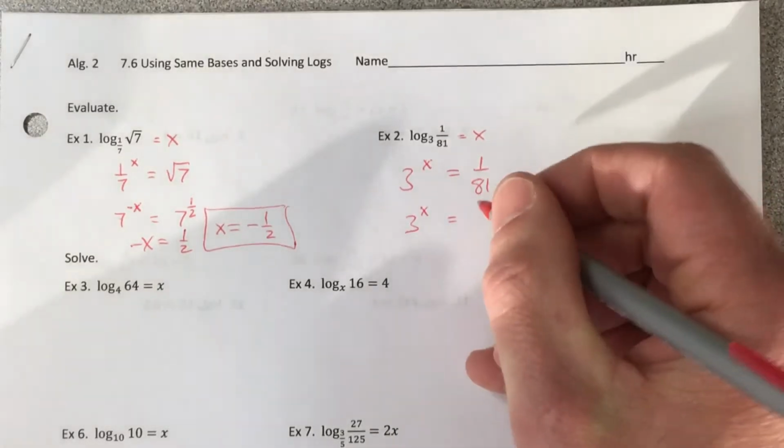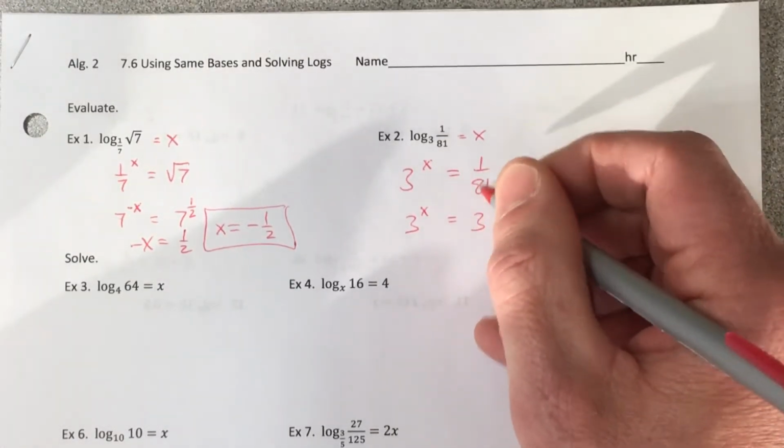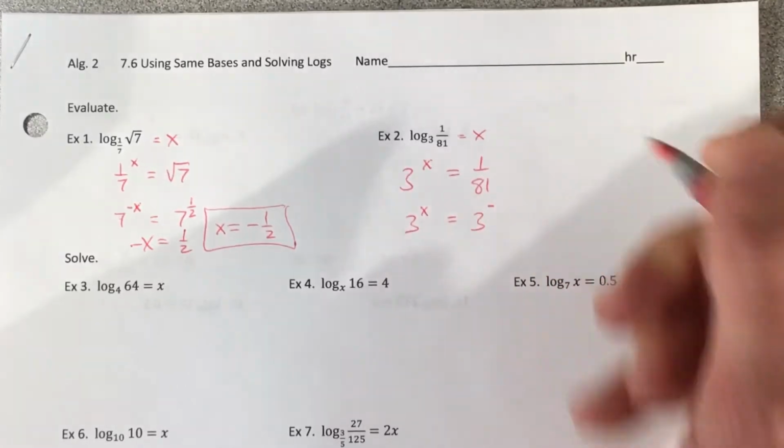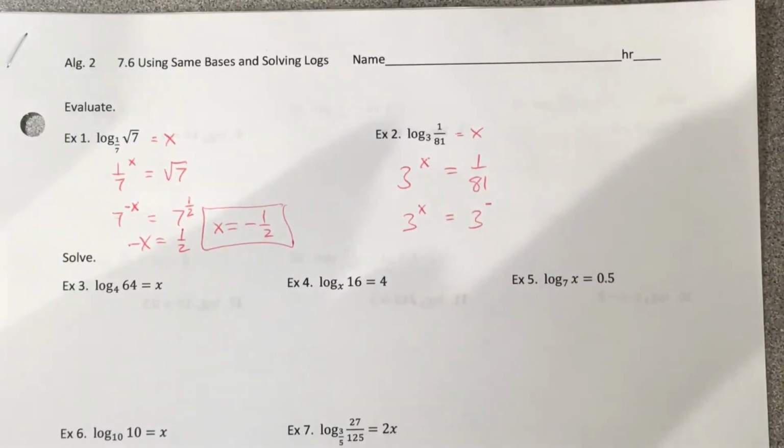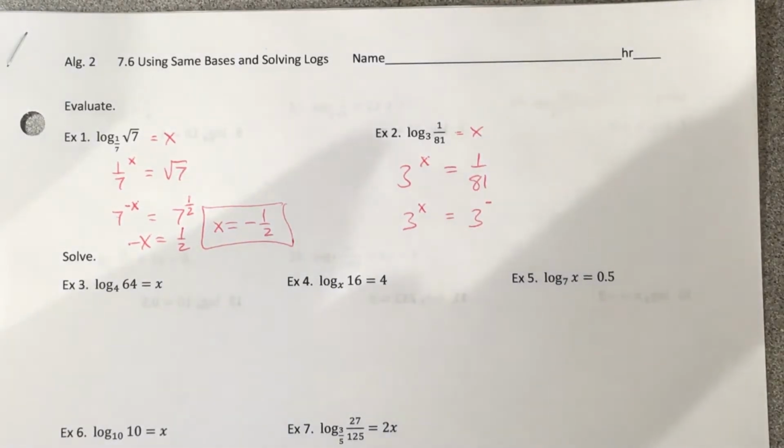Because this is a fraction, I know it's going to be flipped over. So flipping it over will get me the fraction, but then from there, I'm going to need to raise 3 to some power to get 81.